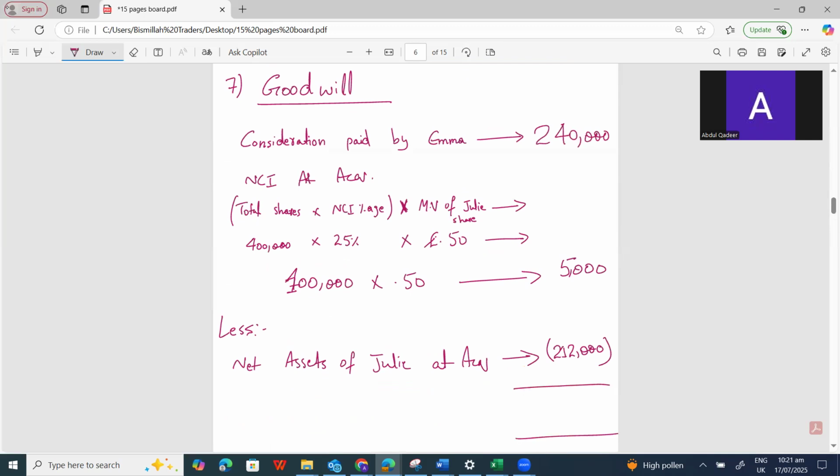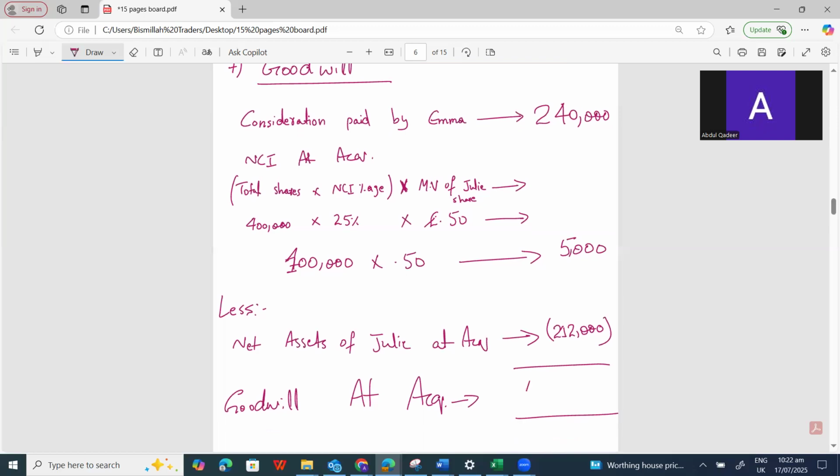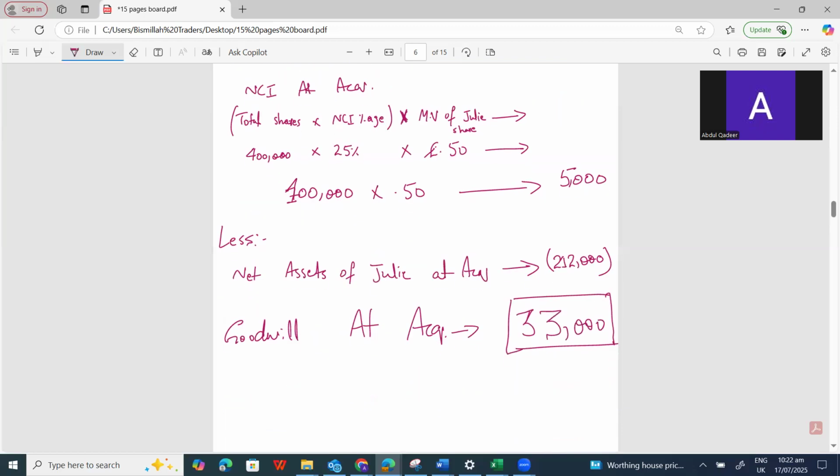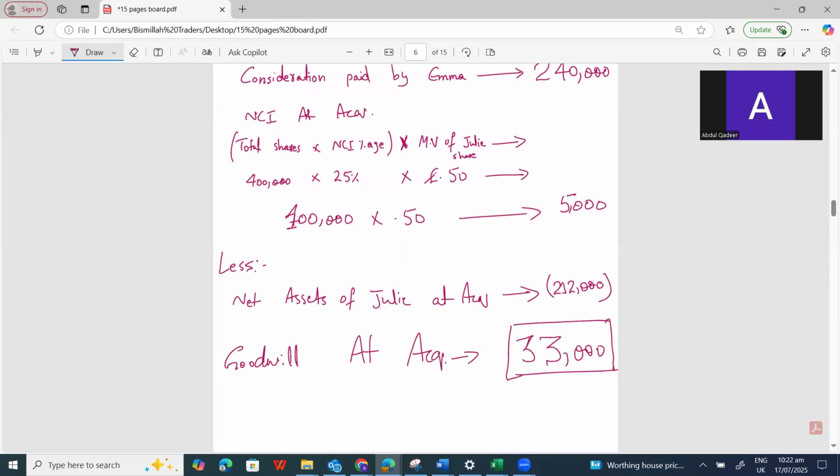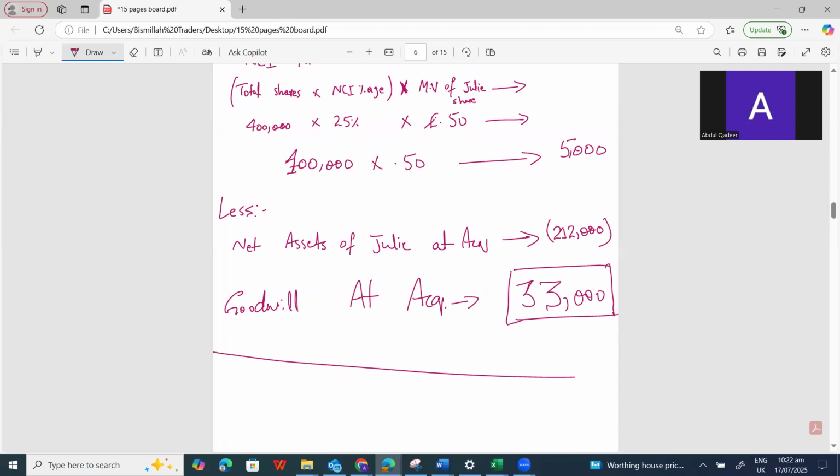Then our goodwill at acquisition, when we calculate this, comes as 33,000. Okay, we have calculated the goodwill. Now we are moving towards the next step.